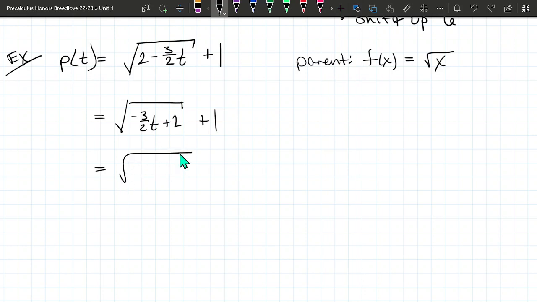So we have square root of negative 3/2 t, and then minus 4/3, plus 1. Where'd you get 4/3 from? From this 2, before we could pull this out, we would make it like 4/2. And if we're pulling out a negative, then it's going to turn negative. And then that's just what's left behind.